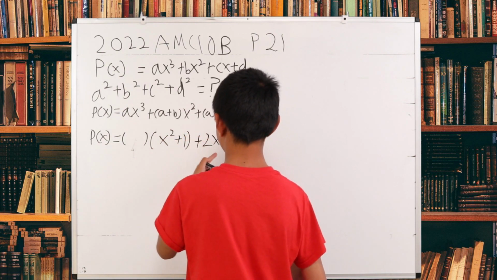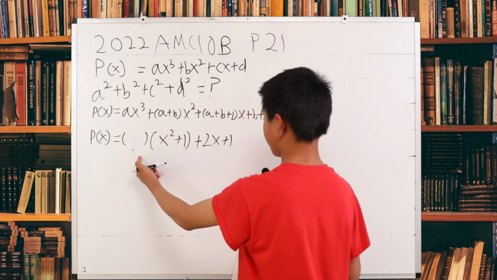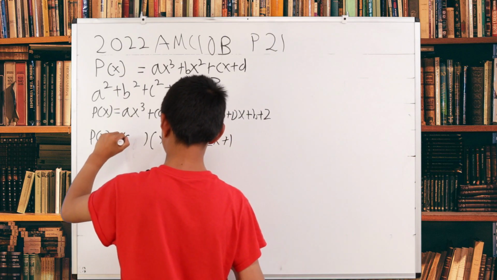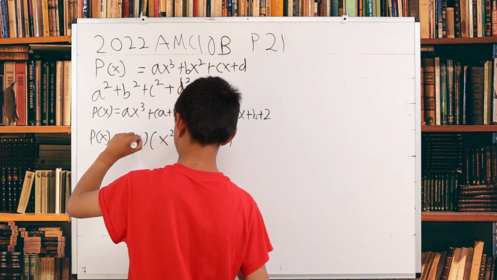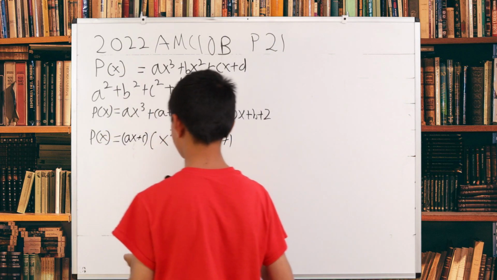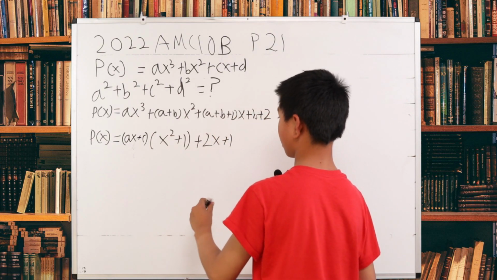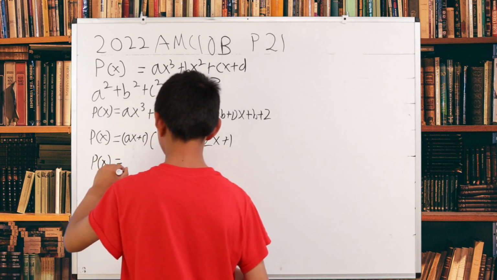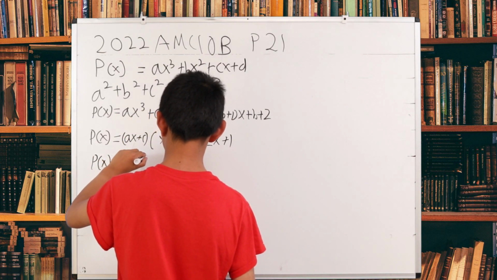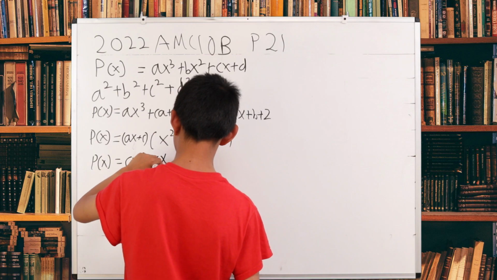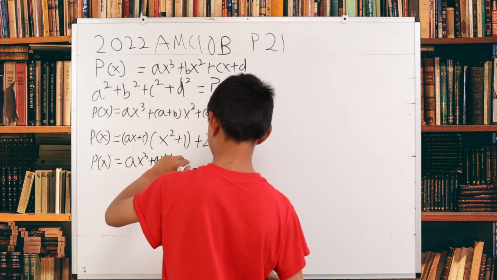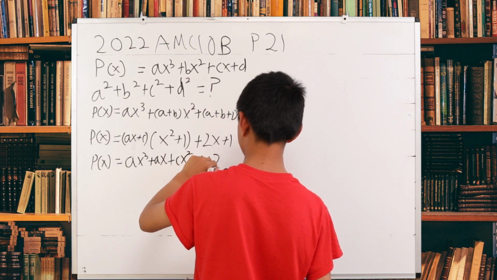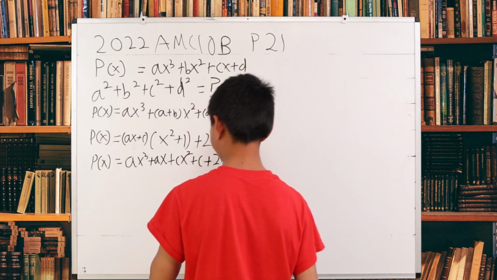That's the remainder. Now this something has to have an x cubed, so it's still going to be ax, but plus a different term, let's say c. When we multiply this out, P of x is equal to ax cubed plus ax plus cx squared plus c plus 2x plus 1.